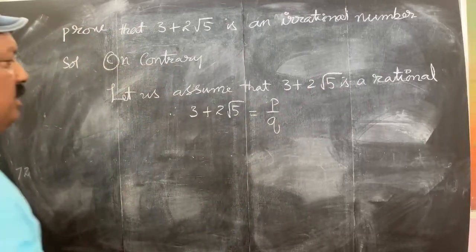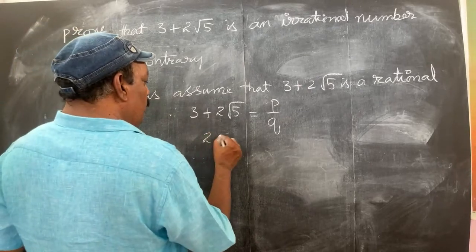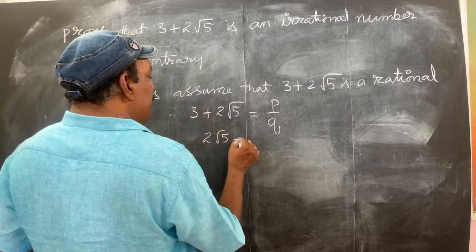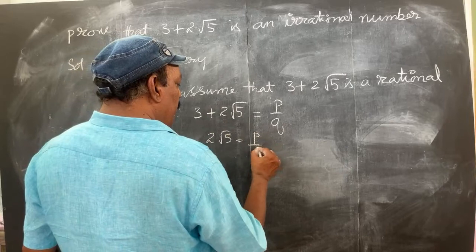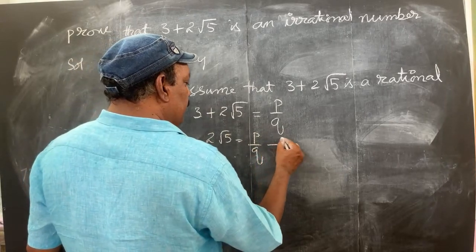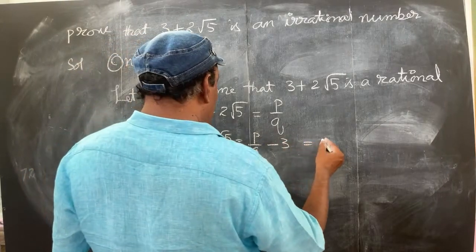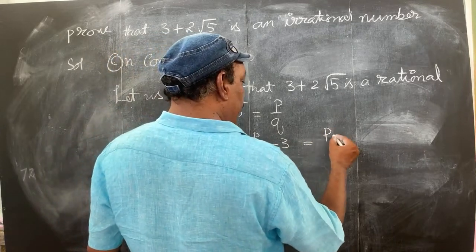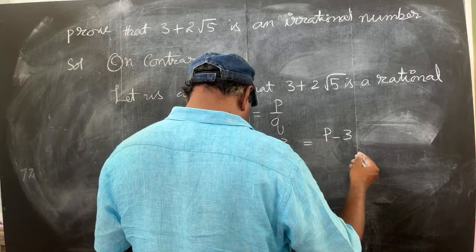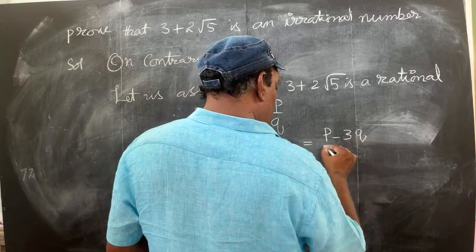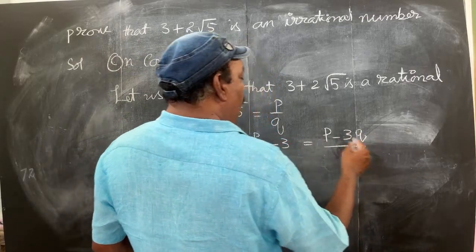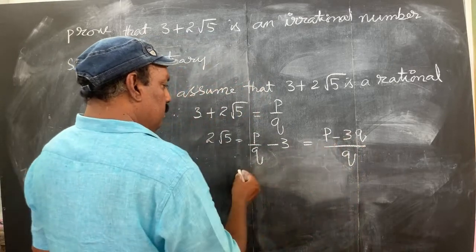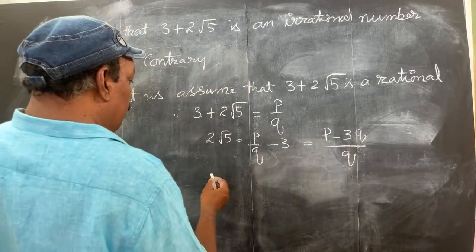Now, I am sending this 3 to the other side: 2 root 5 equals p by q minus 3, and taking the LCM it becomes p minus 3q by q.